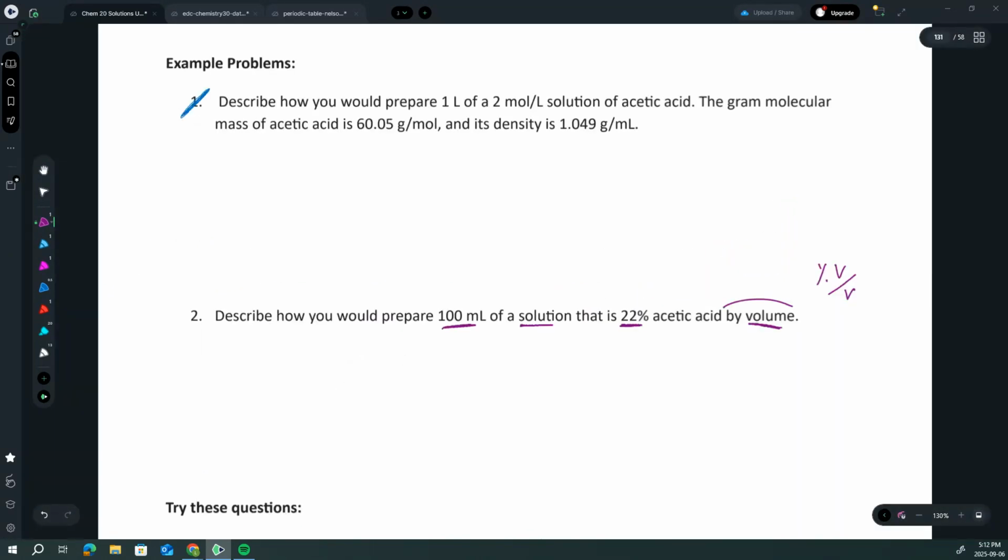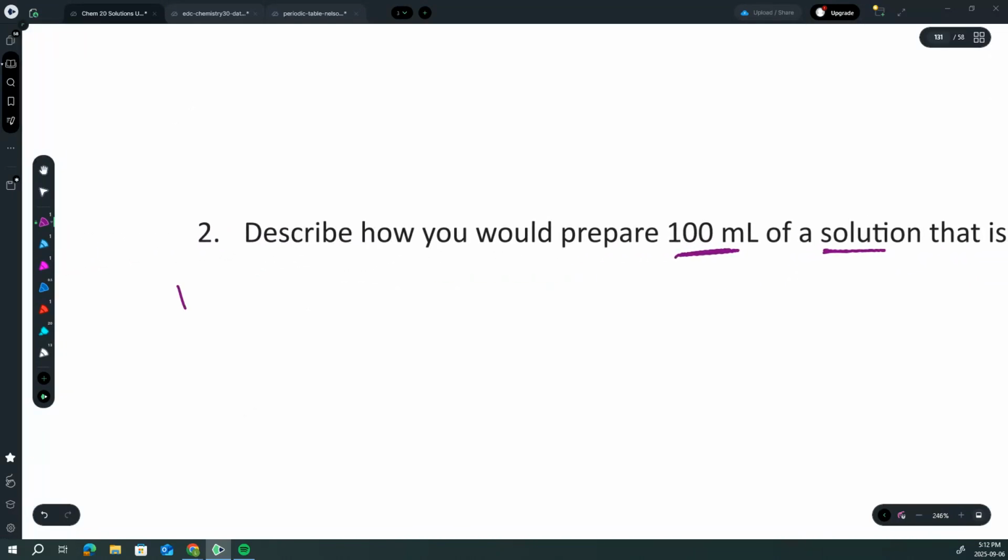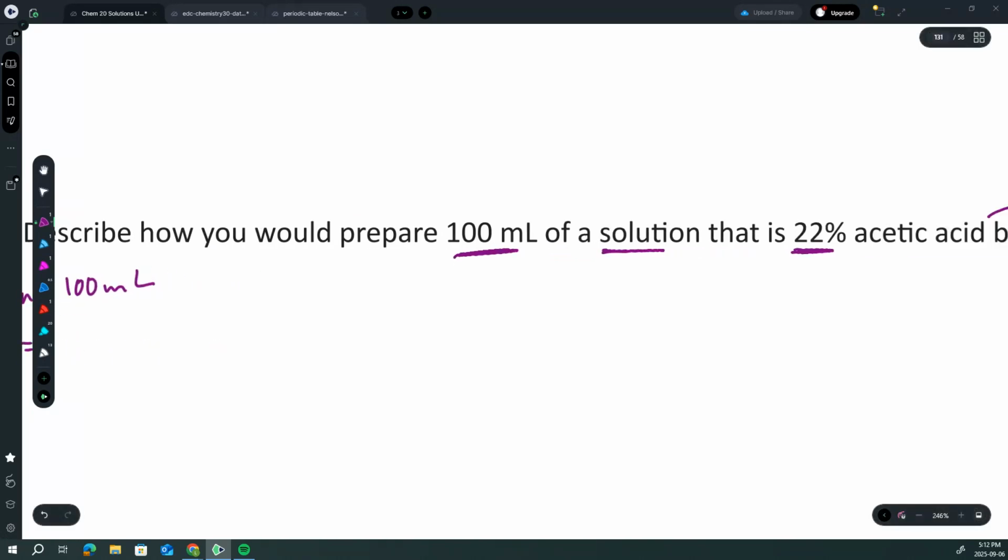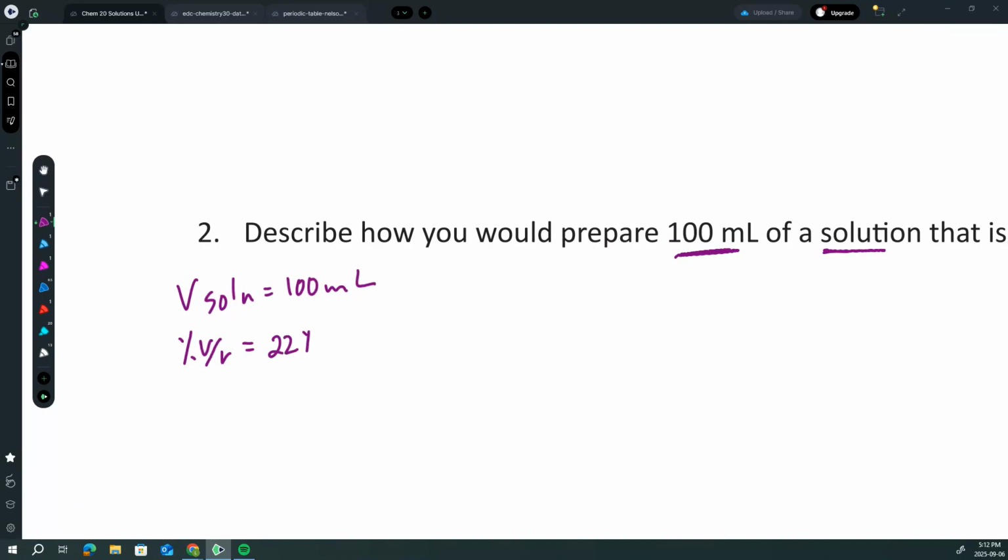Okay, so let's go: volume of solution is equal to 100 milliliters, and then percent volume by volume, that was 22%, and volume of solute, we have no clue. Okay, that's what we got to figure out.